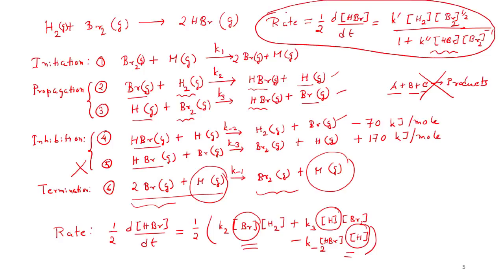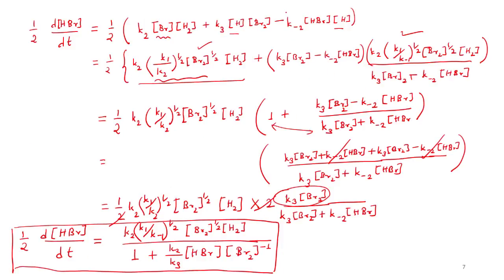Here the k prime is nothing but a combination of constants, which is k2 into k1 by k minus 1 to the power half, and the other constant, k double prime, the way we have written it at the very beginning, will be k2 divided by k3.